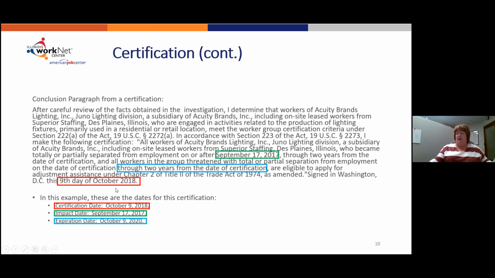It was signed in Washington, D.C., 9th day of October, 2018. Certification date, that's what that is. And then it says through 2 years from the date of certification. So you would take 2 years from October 9th of 2018, so your expiration date is October 9th of 2020 for this particular certification. So that should help. But if you look for that conclusion paragraph in that certification, you will get your dates.